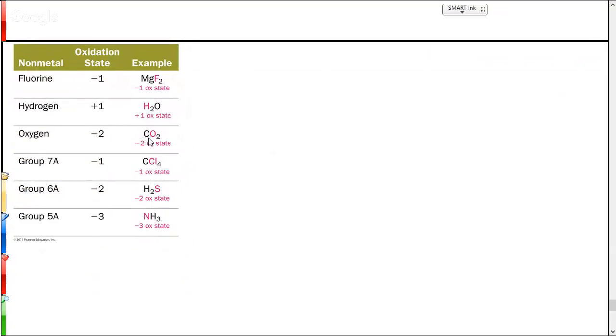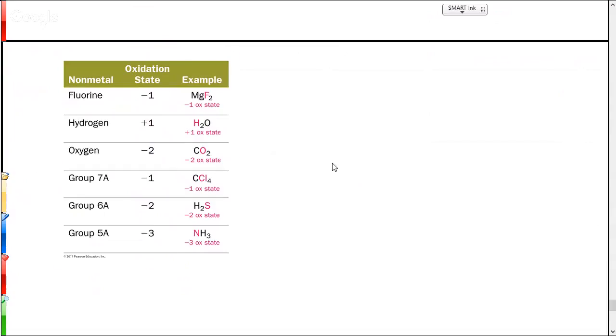So this is actually in order, and we've got about 15 minutes so we can practice this. So it goes 1, 2. And it's telling you what is most likely and what takes priority over others. So if you have a compound with hydrogen and oxygen in it, like water, you're going to first assign the hydrogen +1 because that's higher up on the list. And then you're going to assign the oxygen. There's a better chance that hydrogen is going to be +1 than that oxygen is going to be something other than -2.